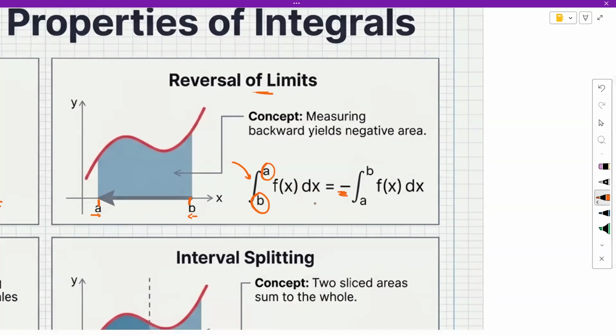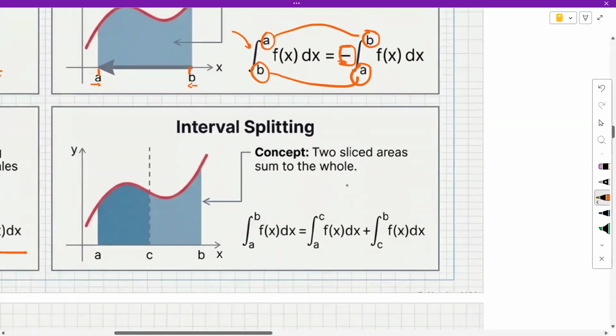When we reverse it, instead of A, we put B here, and for B, we put A. Earlier, the upper limit becomes lower limit, and the earlier lower limit becomes upper limit. In that scenario, we have to put a negative in front of the function. That's one.